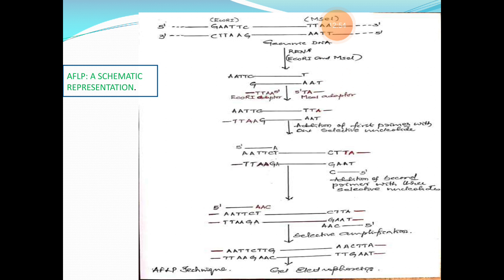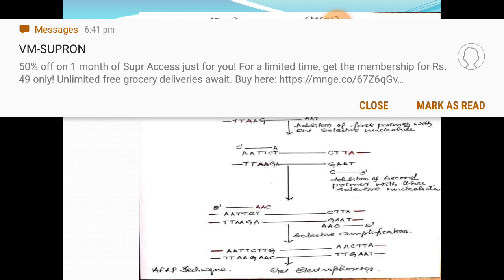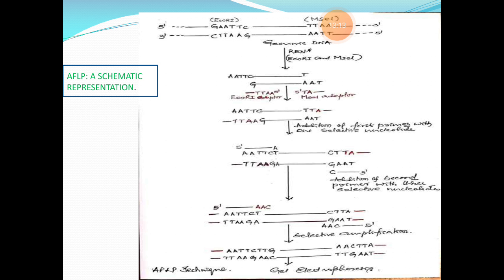The DNA fragments can be amplified with AFLP primers, each having only one selective nucleotide first time. Then whatever PCR products you get, they are used as templates for selective amplification, employing two new AFLP primers that have 2 to 3 selective nucleotides. Okay, that is the next step.